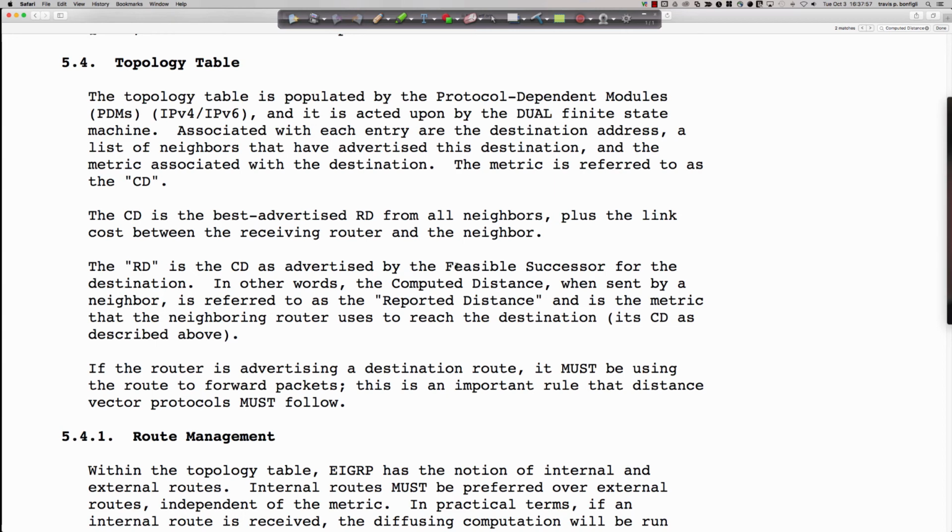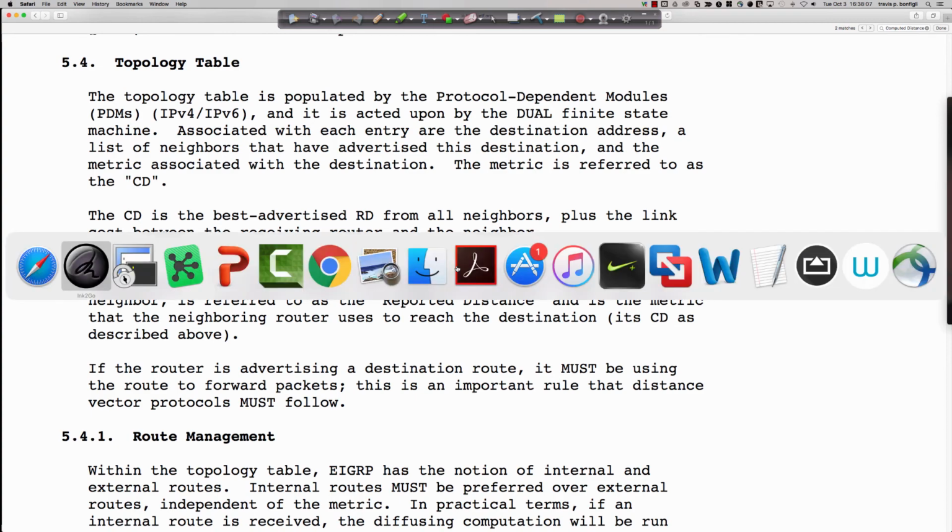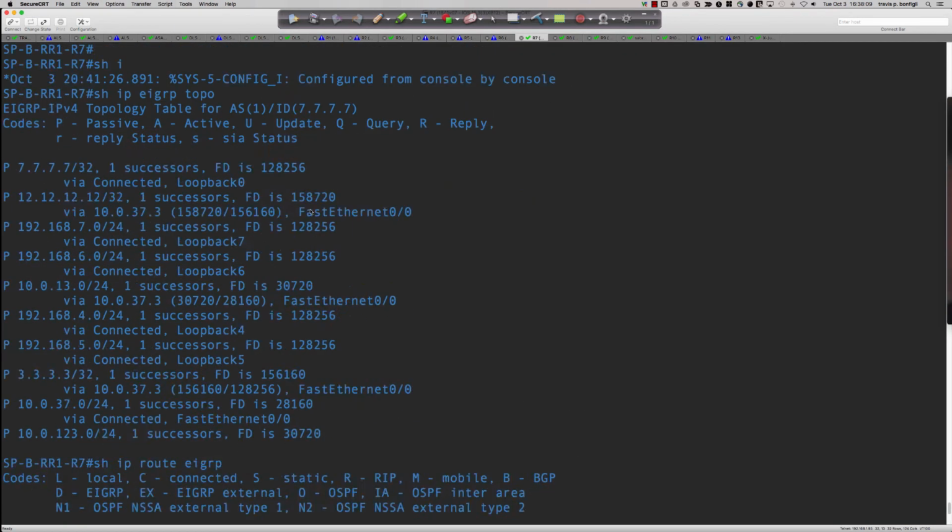So in our case, if we're on router 7 and we see the reported distance from router 3, let's take a look at that. Here's the reported distance from router 3's perspective. Router 3 tells me, hey, this is my successor, so here's my reported distance, and this is my cost. It's the reported distance coming from router 3, but on router 3, it's router 3's computed distance.